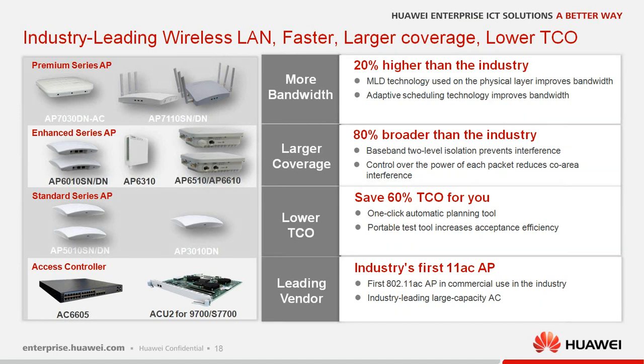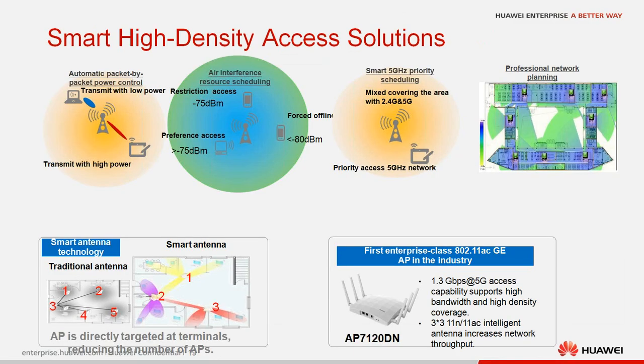As I talked about TCO before, we have done the TCO calculation, and the Huawei WLAN product can save you almost 60%, which is pretty remarkable in today's world, and we are obviously the leading vendor in the standards and in the next generation of WLAN products. Here I show you some of the features and how we save that money and get better coverage and more bandwidth.